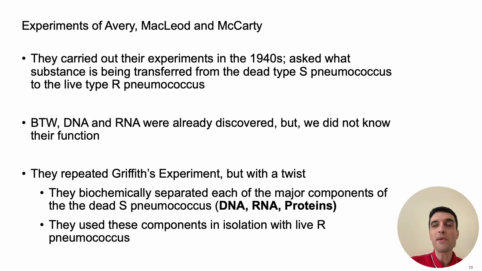So they tried to replicate the pneumococcus experiment, but instead of mixing the dead smooth pneumococcus with the live rough pneumococcus, they thought, well, if now we can isolate, why not isolate the macromolecules of this bacteria and see what is transmitted from the dead to the live bacteria?